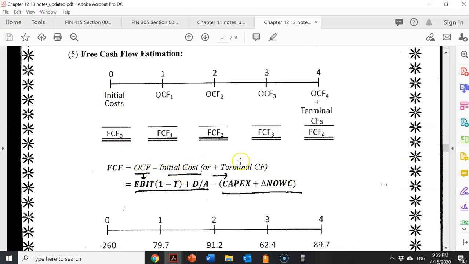At the end of the project, it is plus terminal cash flow. And operating cash flow formula is EBIT multiplied by 1 minus t plus depreciation. And for initial cost or terminal cash flow, their formulas are actually the same. We just need to minus capital expenditure plus delta NOWC.